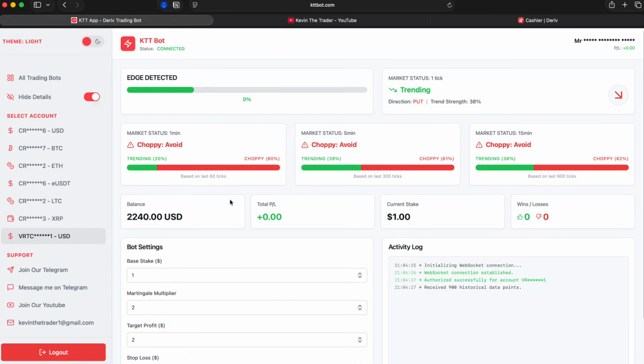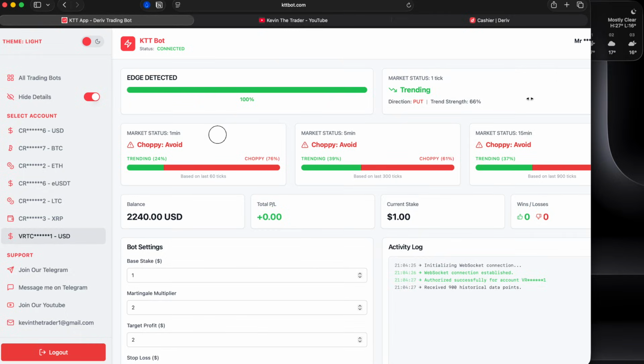Now we will avoid this because the market here is 22%. It's below 30%. That's how you avoid the losses. So make sure the trending is above 30%, above 30%, above 30%.